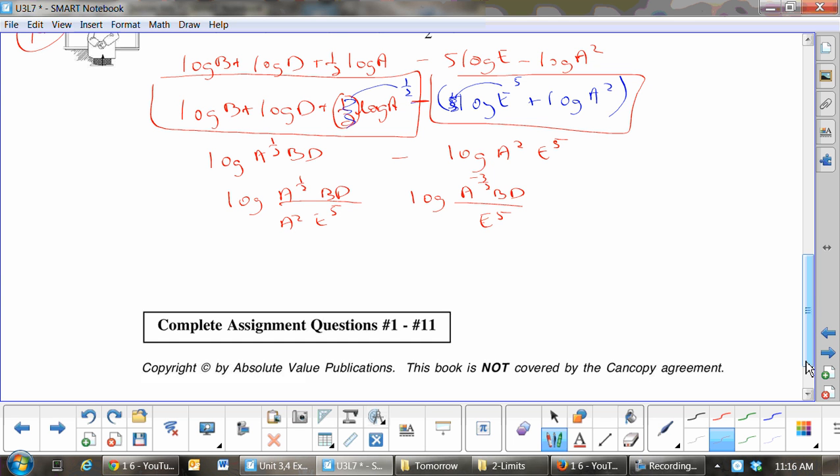You will find there will never be negative exponents in the answer. So you'll have to go log b d over a to the 3 over 2 e to the 5. Oops, that's 3 over 2. I like how everyone says yeah after I found it.